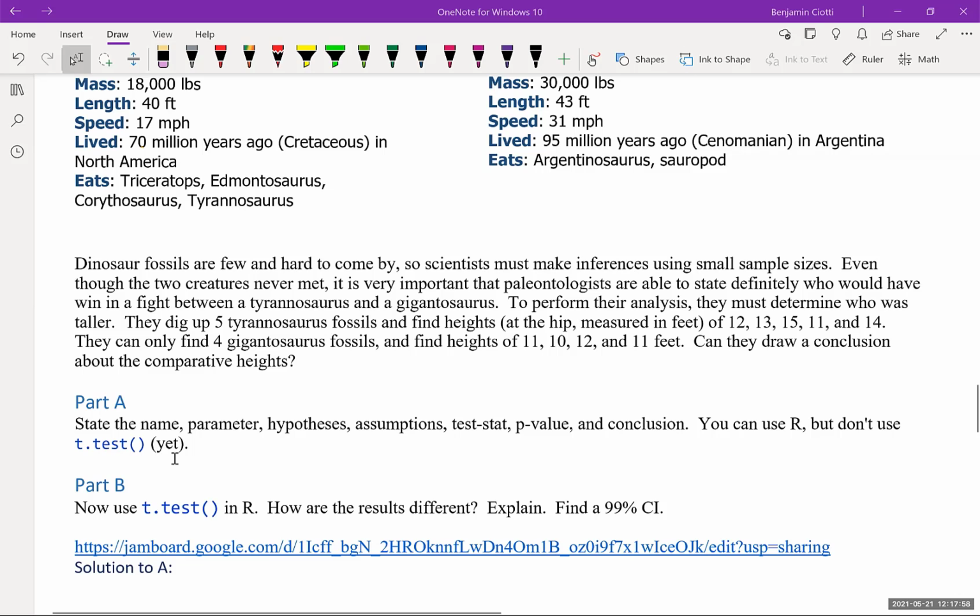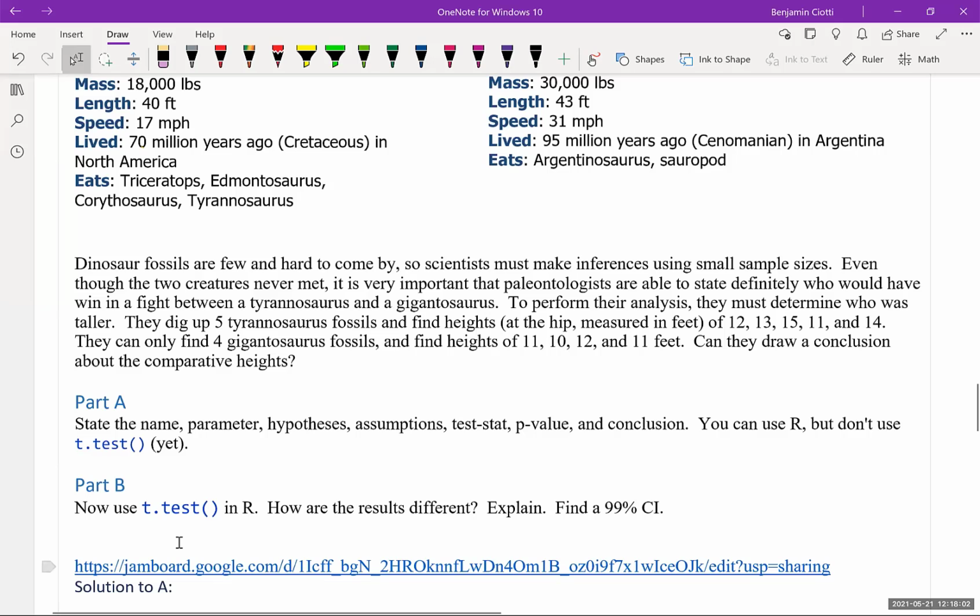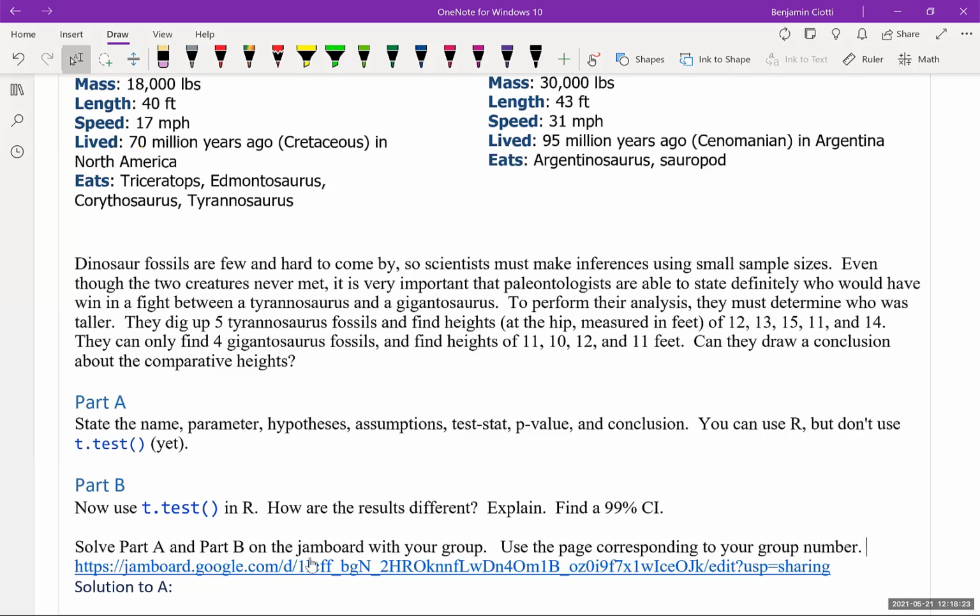So, okay, go ahead and do part A. So write this down. Solve part A and part B on the Jamboard with your group. Write your answers there on the Jamboard. You can collaborate with each other. Use the page corresponding to your group number.